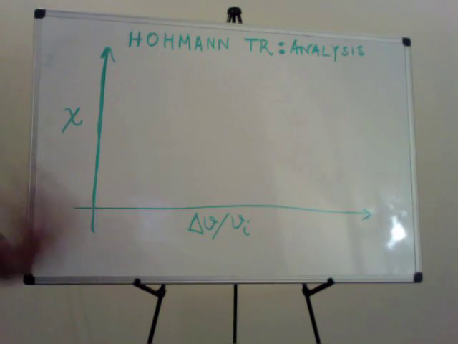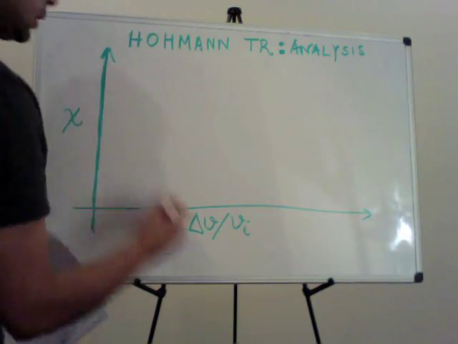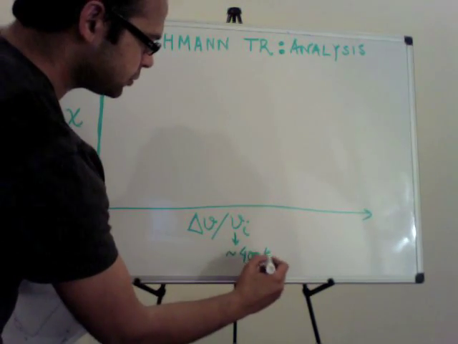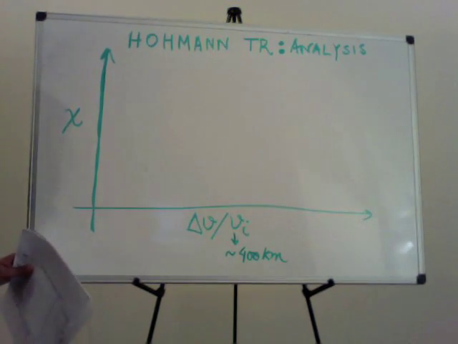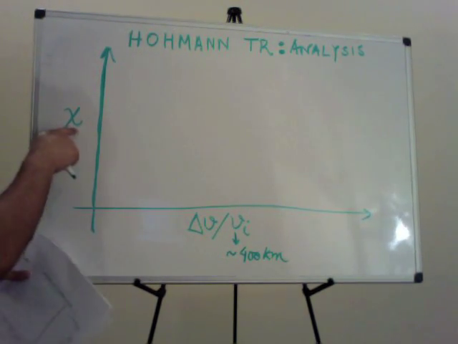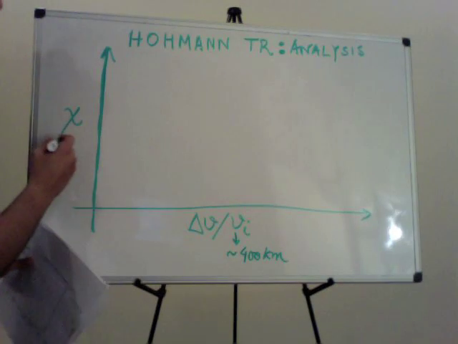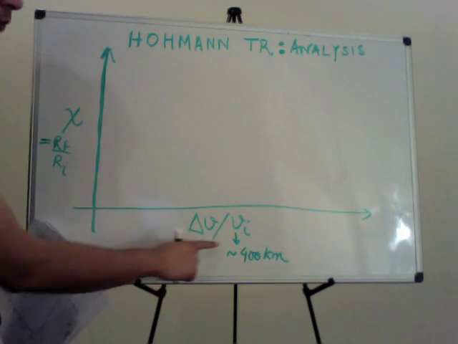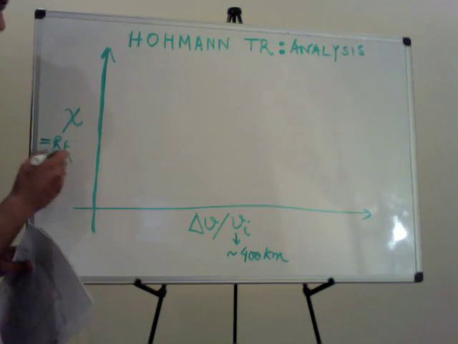Given a certain delta V, I'm going to assume that the initial orbit corresponds to 400 kilometers altitude. That's my initial orbit. So for a given delta V, what is the final orbit that I can reach? That's my y-axis, because chi is rf over ri. Since the initial orbit is at 400 kilometers, ri is the radius of Earth plus 400 kilometers. This is fixed.